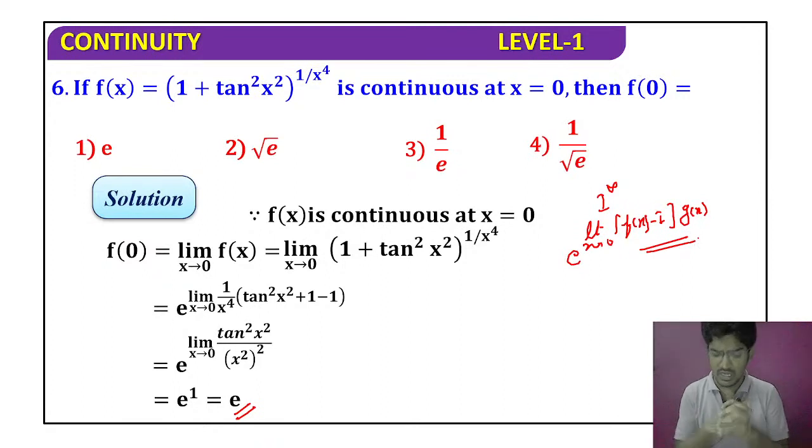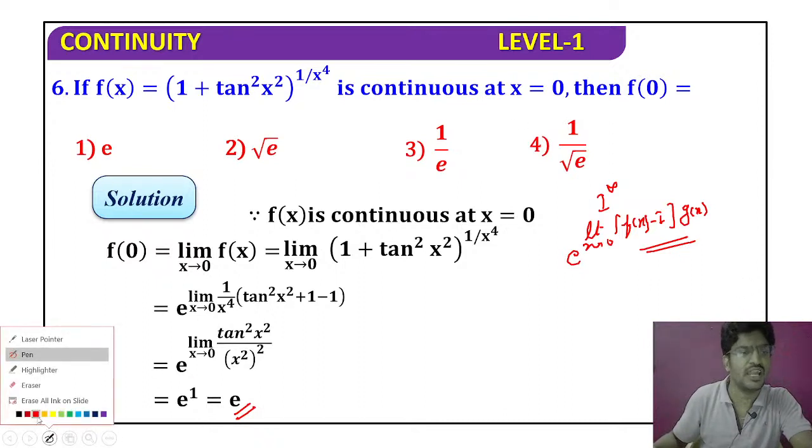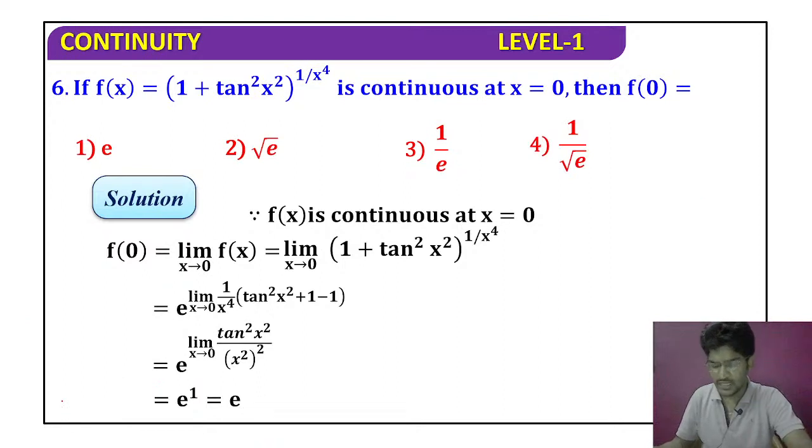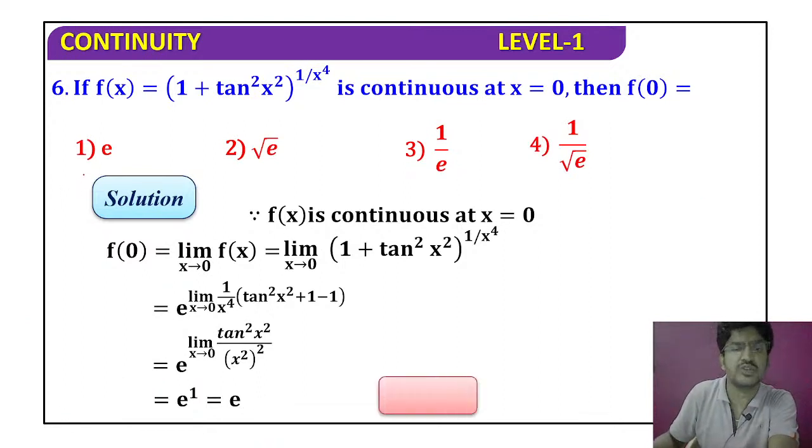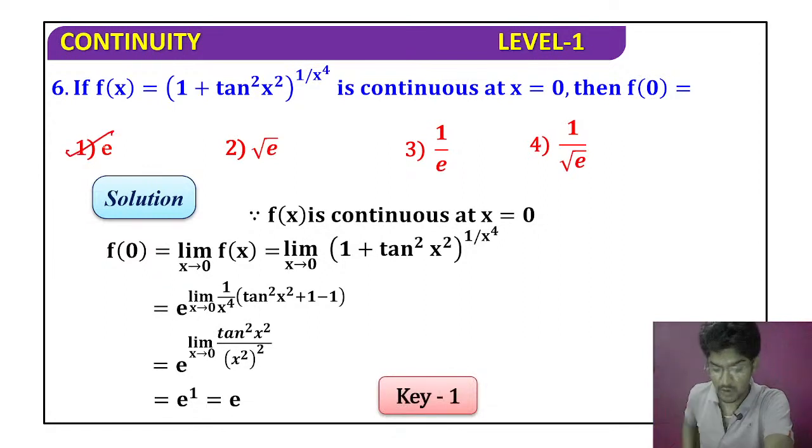These are all techniques that you have to remember before going to the competitive exams. So please go through it and understand it. After the end of class, make notes of it and try to solve some more problems on that, so that it will be very easy. So our option is going to be 1, that is e.